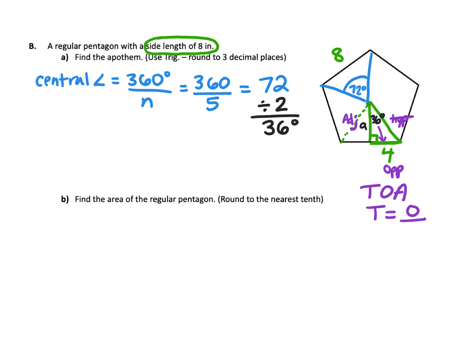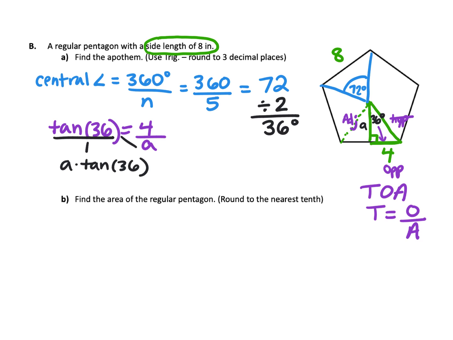Tangent equals opposite over adjacent. So I'm going to go tan 36 equals 4 over A. And then if we do a quick cross product here, we would have A times tan 36 equals 4. To get the apothem, we're going to divide each side by the tangent of 36.